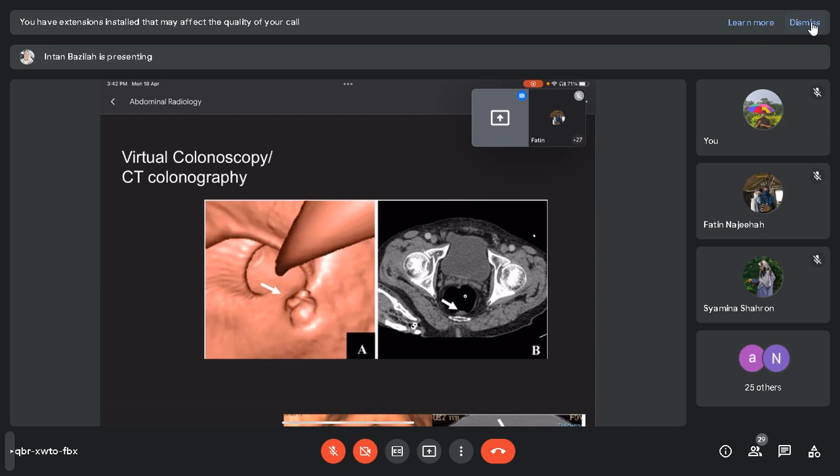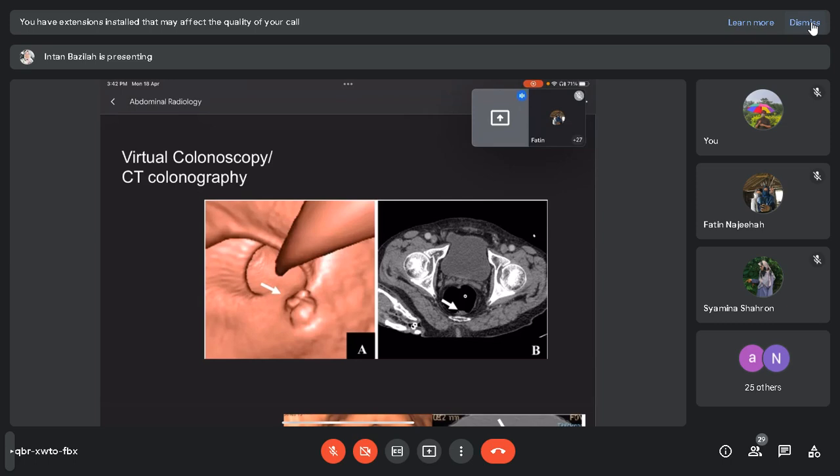You need to pump air into the rectum, then you try scanning to see whether it is adequate or not. If it's adequate, you start scanning, because we want the large bowel to be very distended with gas.